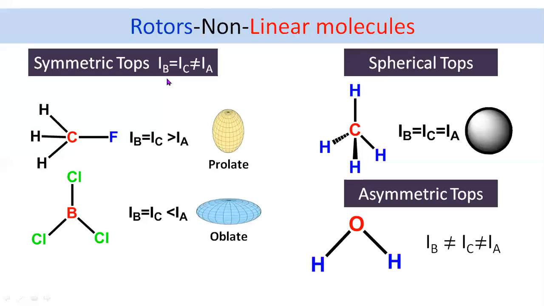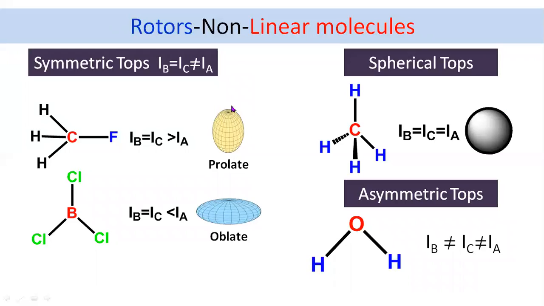That is, the moment of inertia along the B axis and along the C axis are the same, but this is not equal to the moment of inertia along the A direction. Two different conditions exist: IB and IC may be greater than IA, or IB and IC can be less than IA. This is one example where you have IB equal to IC greater than IA.